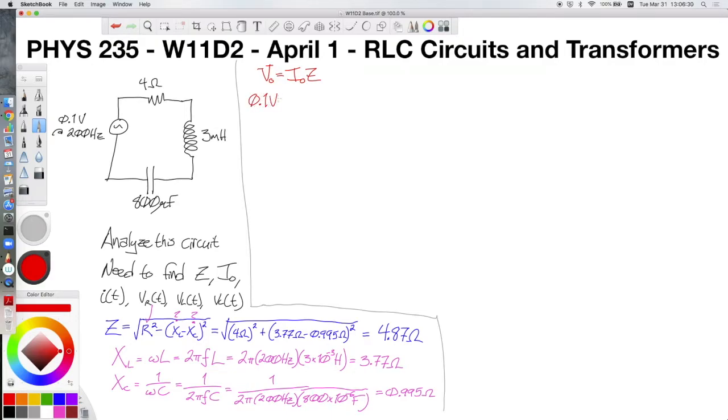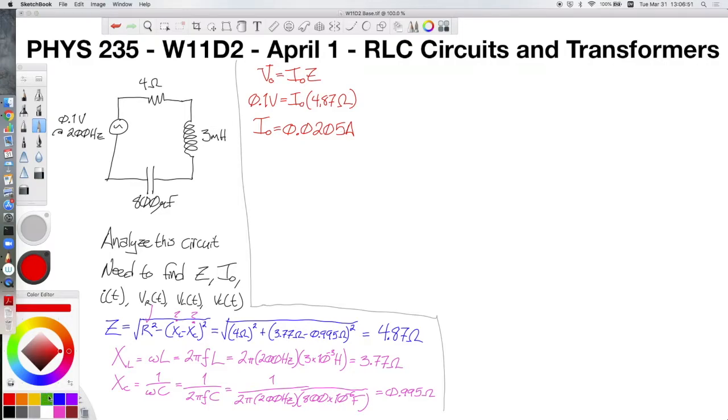It's the maximum voltage of the battery. And we don't know I naught yet, but we do know that Z is 4.87 ohms. So here we can solve for I naught and get a value of 0.0205 amps for our maximum current in our circuit.